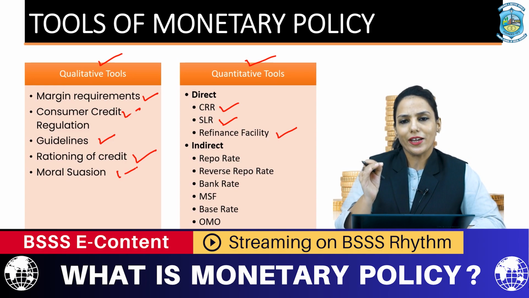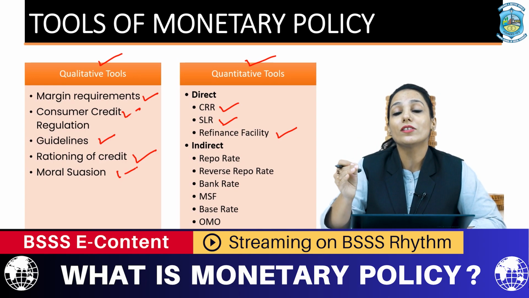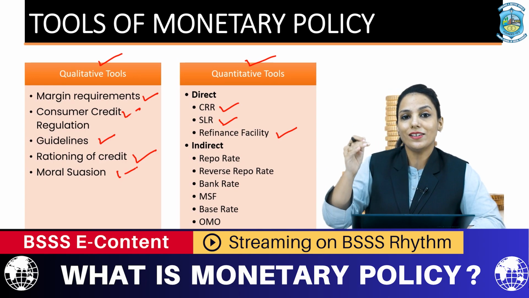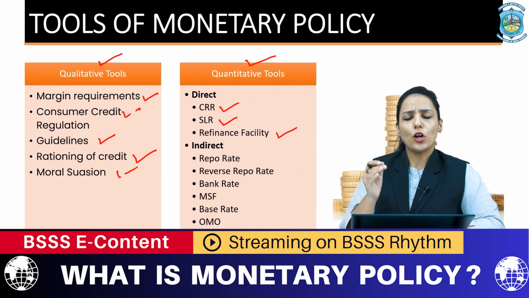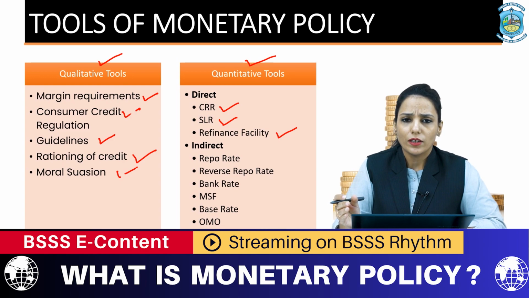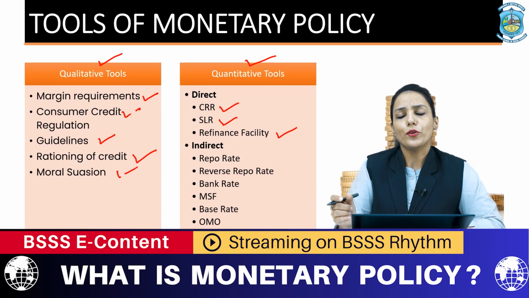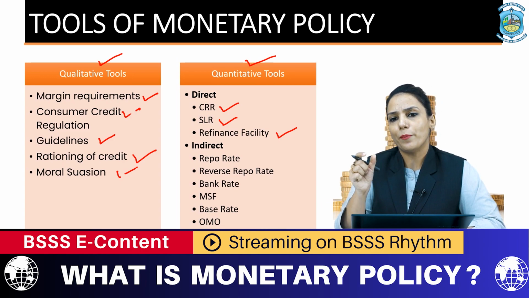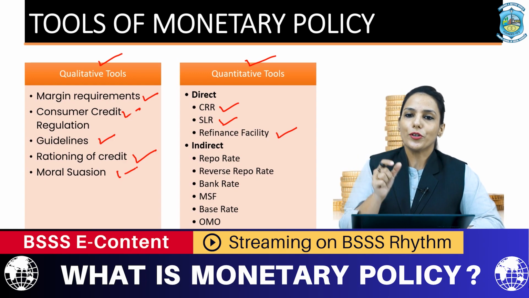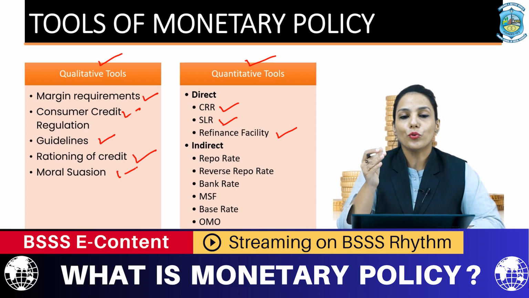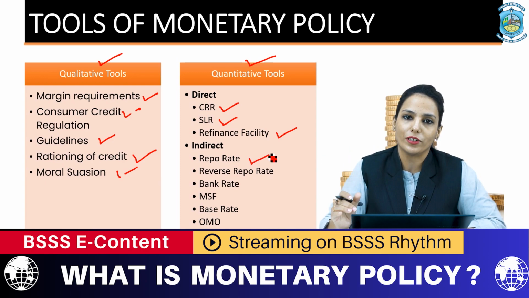Banks enter into an agreement with the RBI to repurchase the same pledged government securities at a certain price at a later date. These loans are often for a brief period, that is 2 weeks, and repo rate is actually an abbreviation of repurchase rate, that is the rate at which the RBI will repurchase these securities.